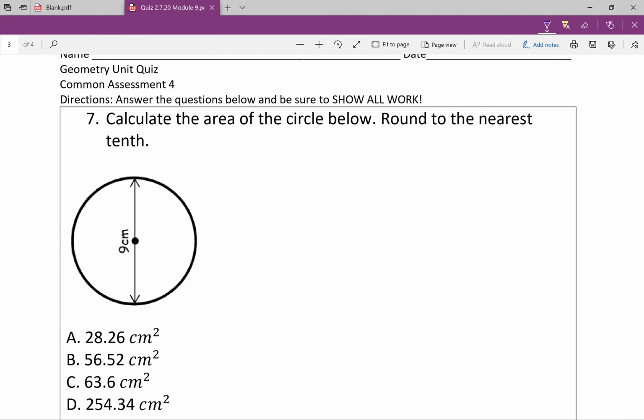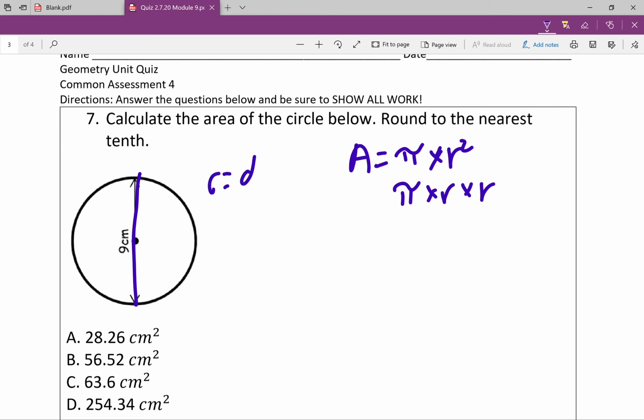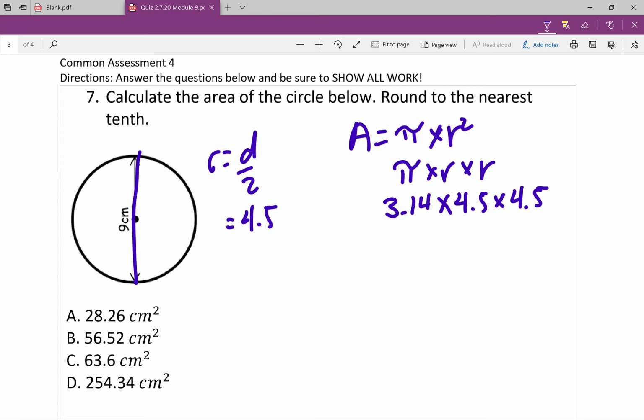Number 7. Now I gotta find the area. For area, I have pi times radius squared, or pi times radius times radius. So in this one, I do need the radius, and I'm given the diameter. The radius is diameter divided by 2, which is 4.5. So I'm gonna do 3.14 times 4.5 times 4.5. So 4.5 squared is 20.25 times 3.14.